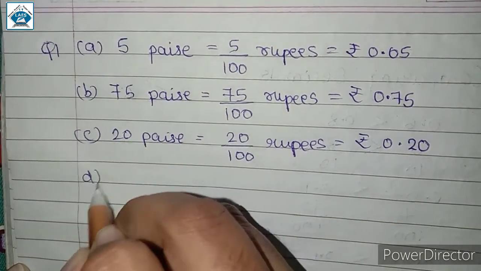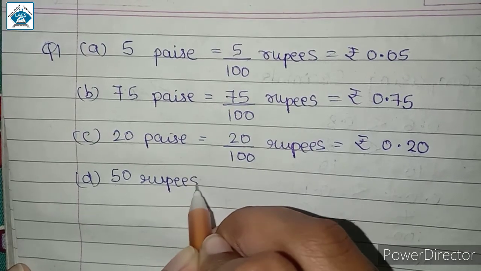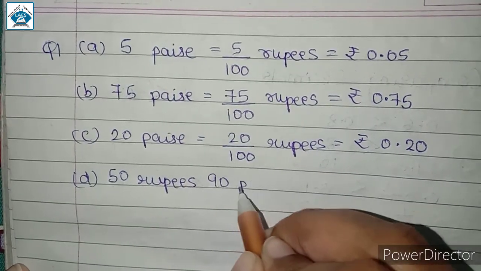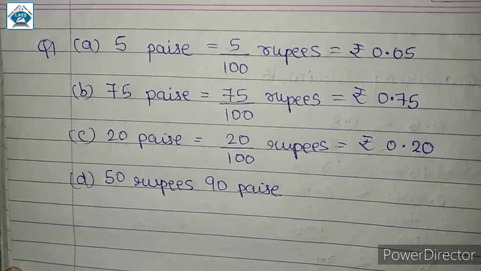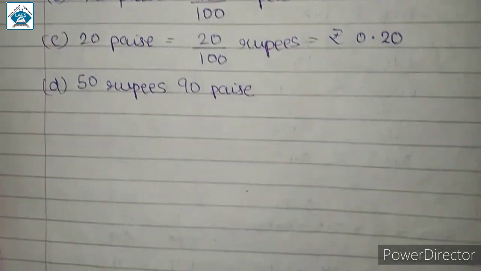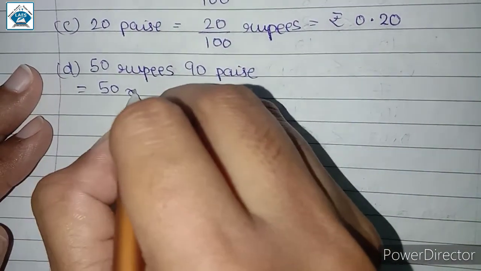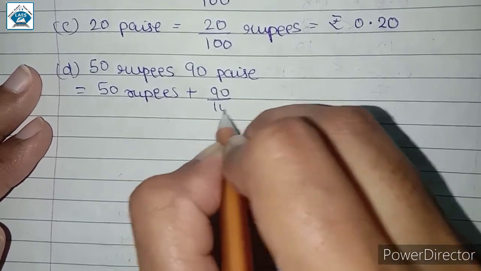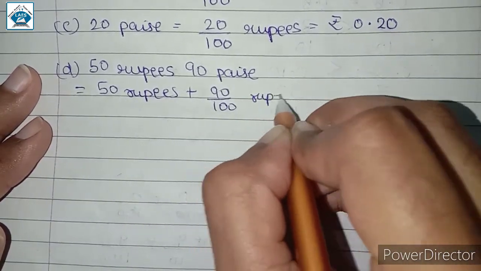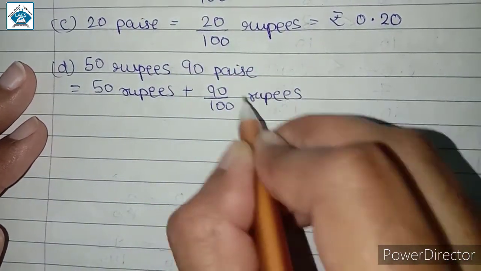Next we have 50 rupees and 90 paise. So यहाँ पे हम 50 rupees को कन्वर्ट नहीं करेंगे. 50 rupees will be kept as it is. So we will convert 90 paise. So this is equal to 50 rupees plus 90 upon 100 rupees. यहाँ पर 90 पैसे को कन्वर्ट करना है रुपीज़ में.